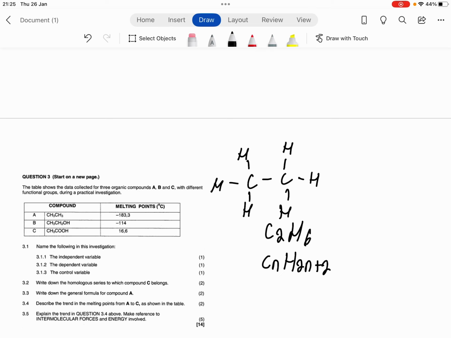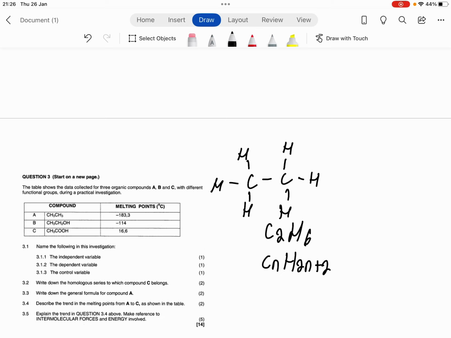Okay, thereafter you're going to make reference to the energy. You're going to say therefore a greater amount of energy is needed to break the intermolecular forces in compound B. Okay, and after that you're going to conclude what the question is asking. So in this specific example, it's going to be melting points.